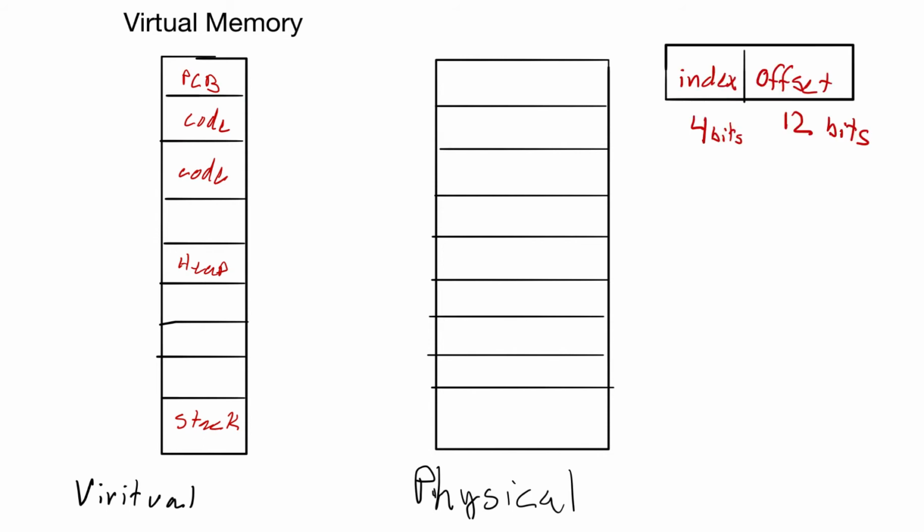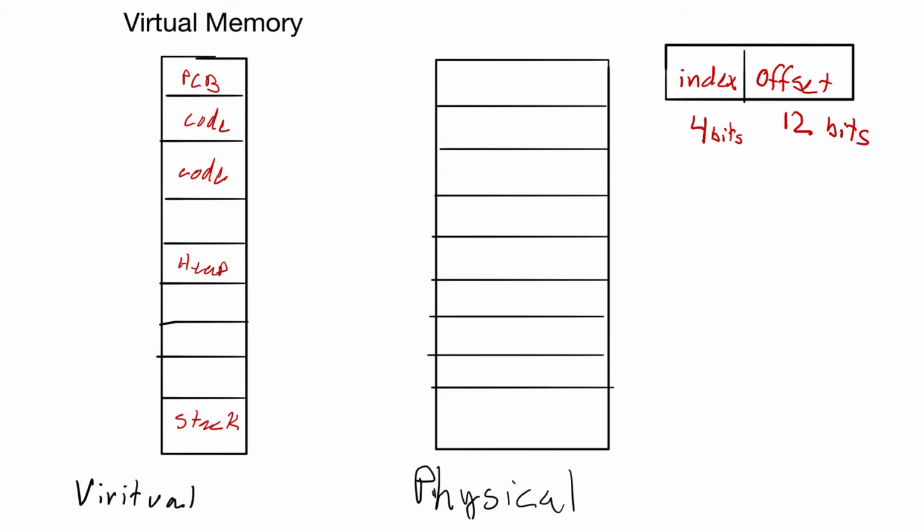Now, for simplicity, let's assume that we're working with a 16-bit machine, and that means each memory address is 16 bits wide. Now, we're going to take the memory address and we're going to divide it into two parts. The upper bits will become the page index, and the lower bits become the page offset.